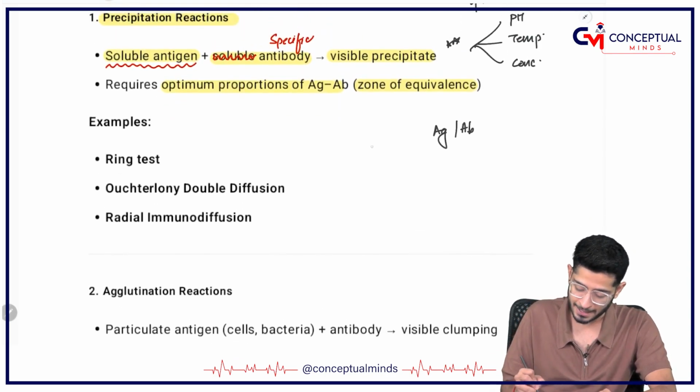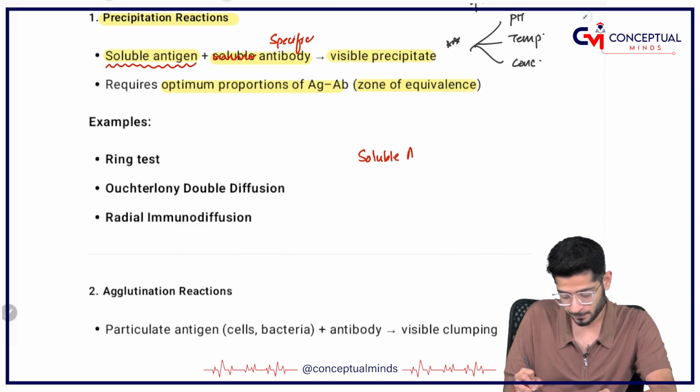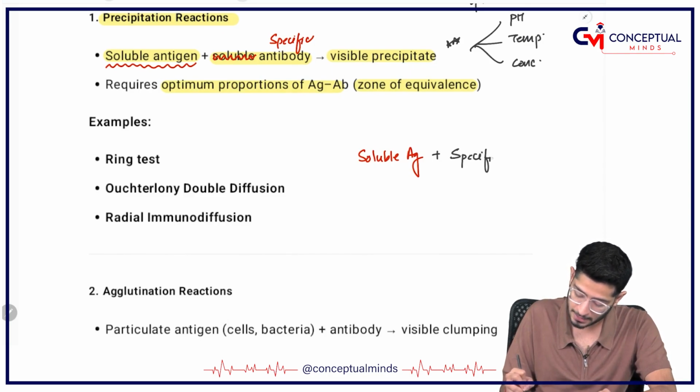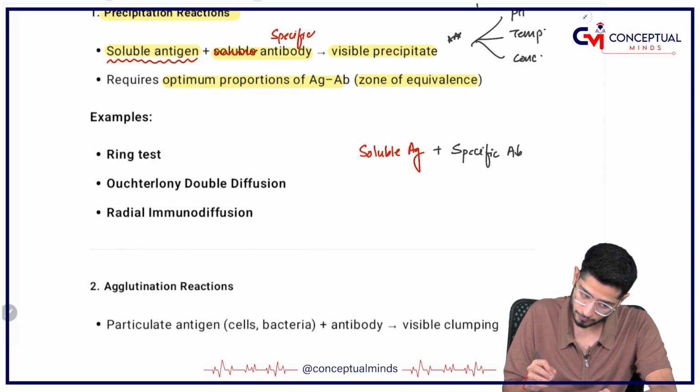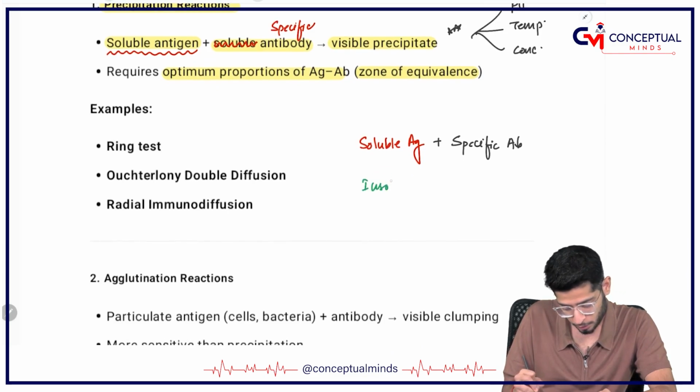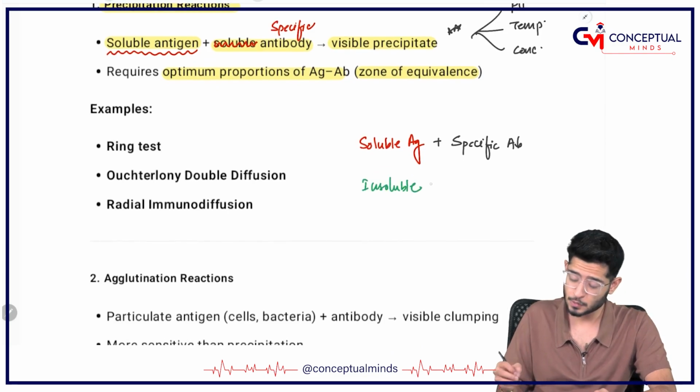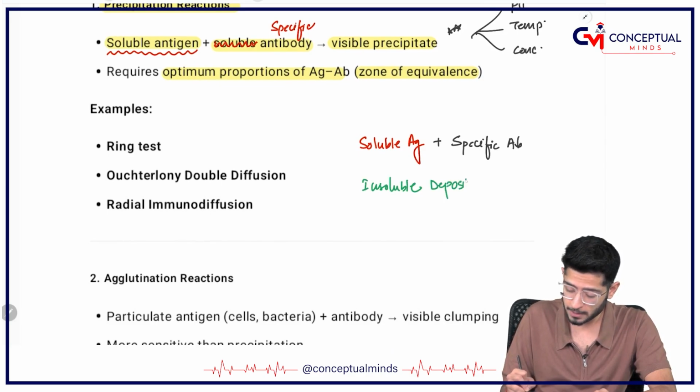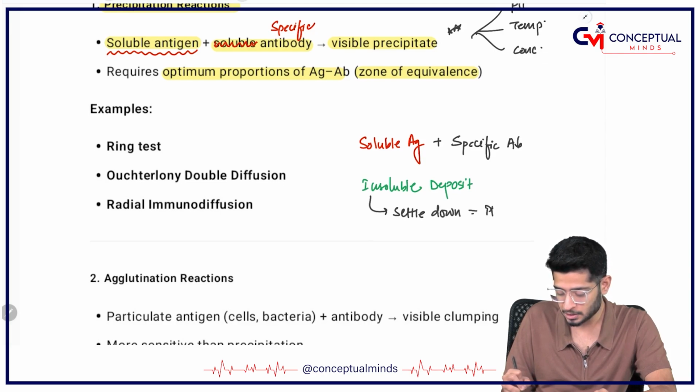A soluble antigen is going to combine with the specific antibody, and they both are going to form an insoluble deposit which may settle down. If it settles down, it is called precipitation reaction, but if it is going to float, it is called flocculation reaction.